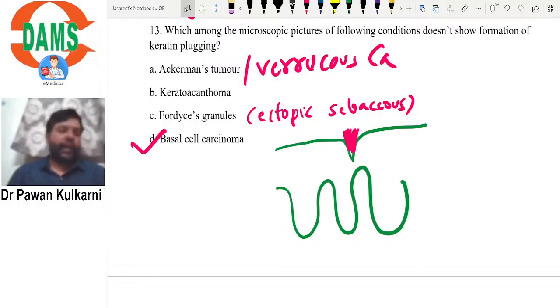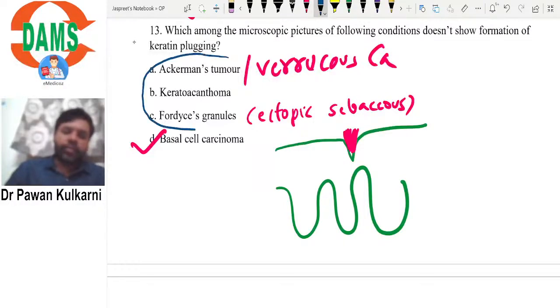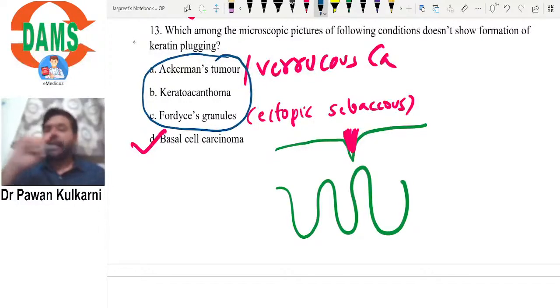That is pathognomonic. So you have to remember that all these first three options will show keratin plugging, which is absent in basal cell carcinoma.